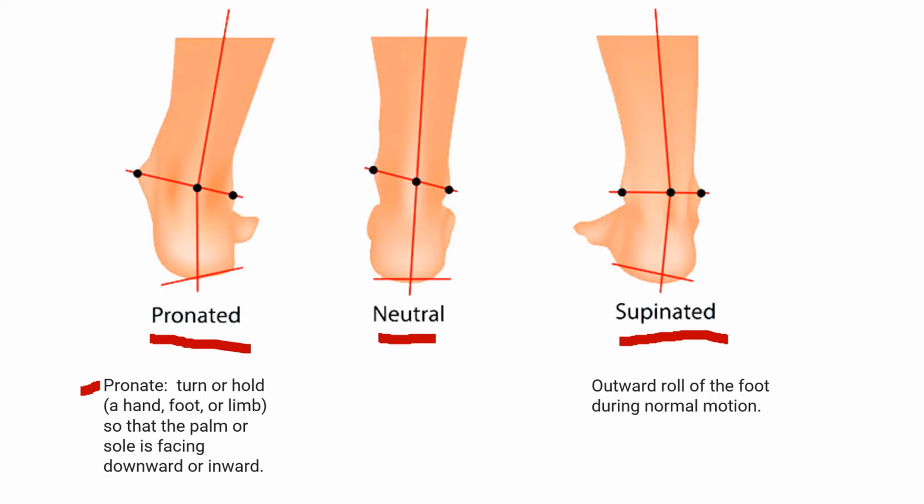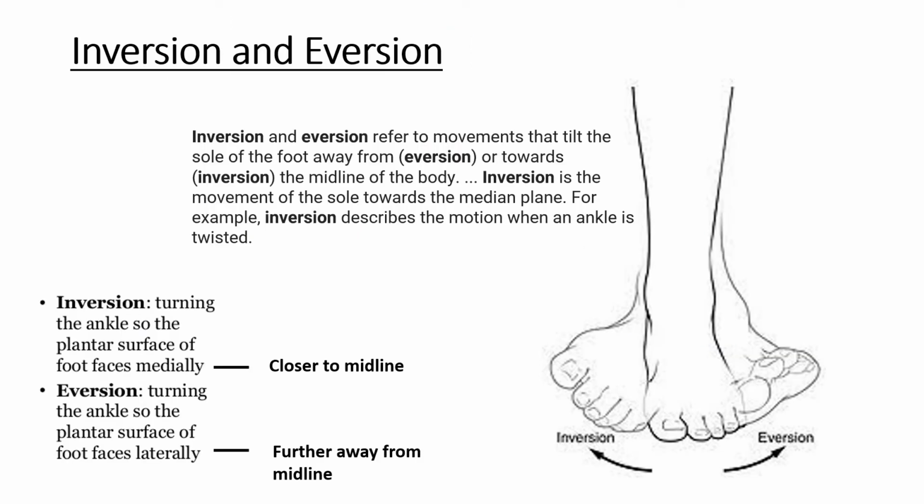And that's basically where the palm or the sole is facing downward and inward. So it's pronated, facing inward. Okay. Outward roll of the foot, that's supination or supinate, and then you have the neutral. It's going right down. It's normal, all right.